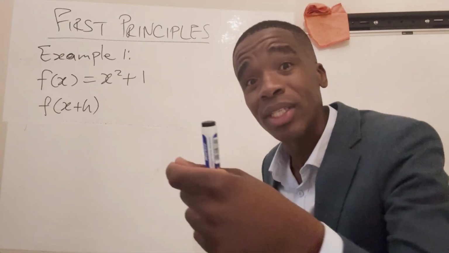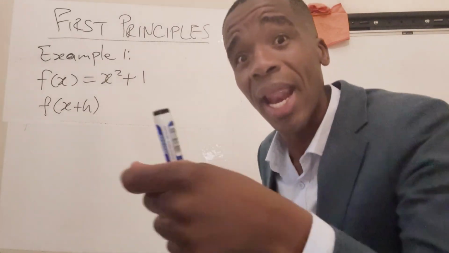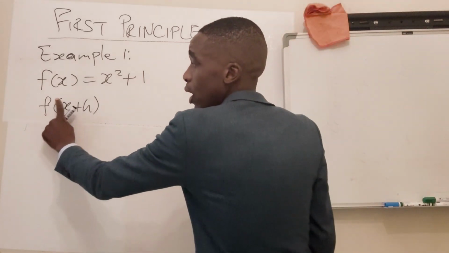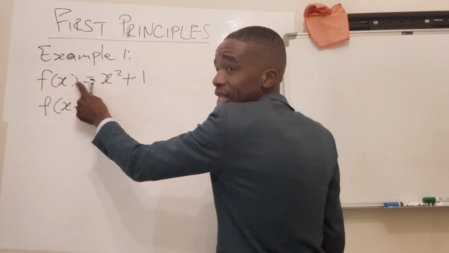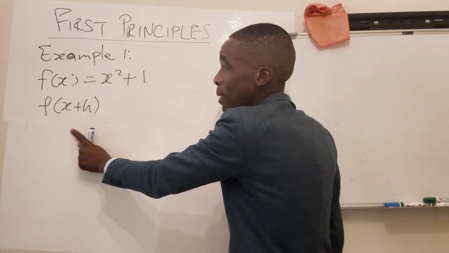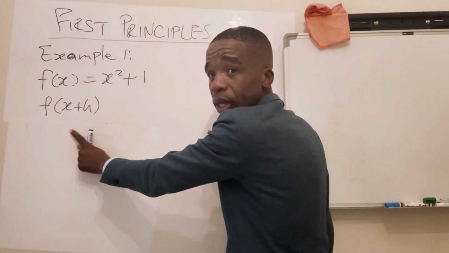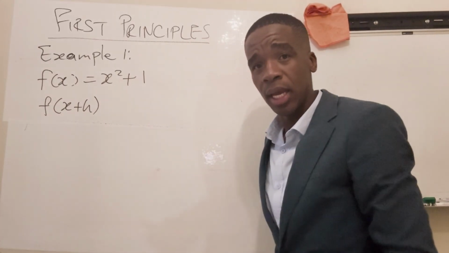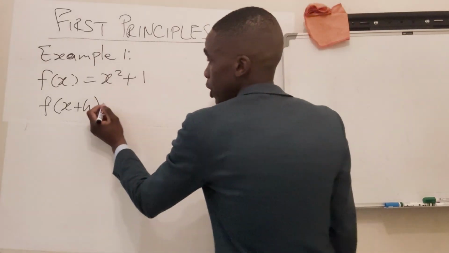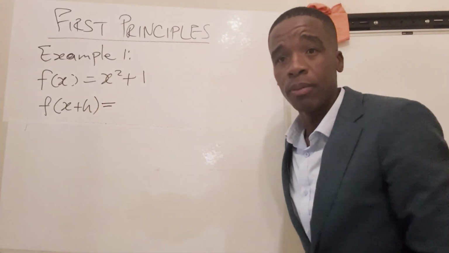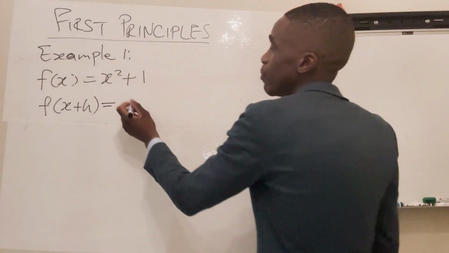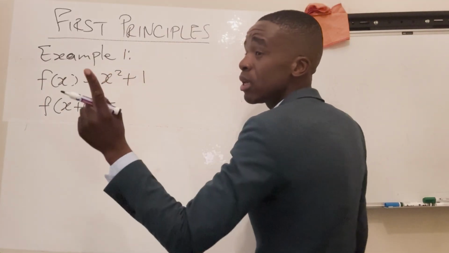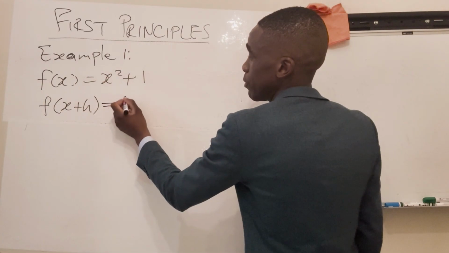So wherever there was an x, now there's going to be an x plus h. Are we together? Wherever there was an x, there's an x plus h, which would therefore be equal to, wherever there was an x, what must there be? Must be an x plus h.